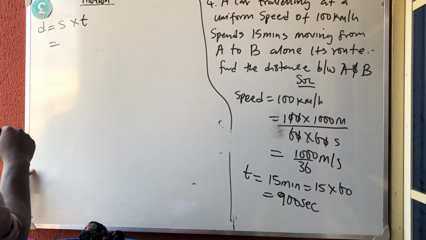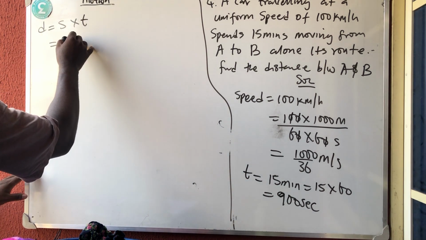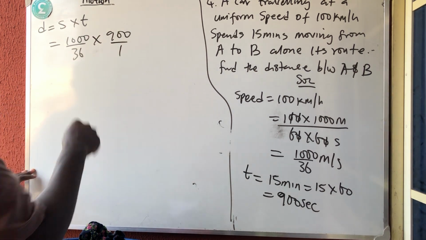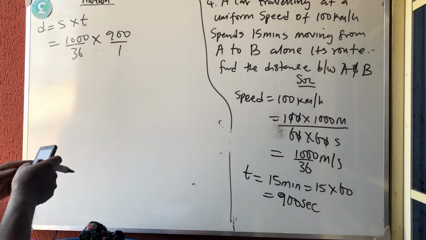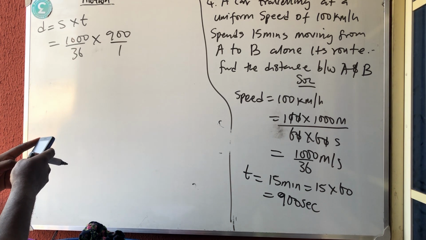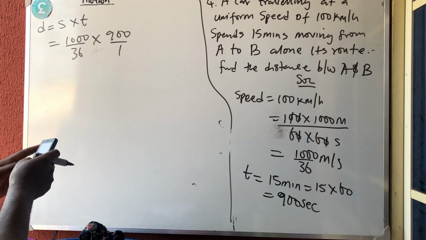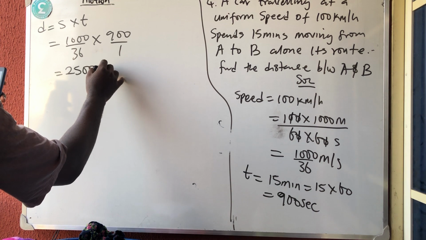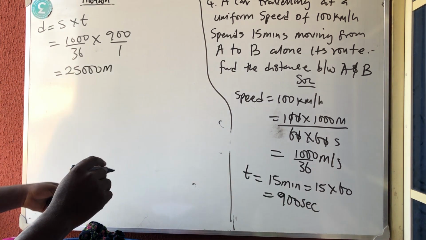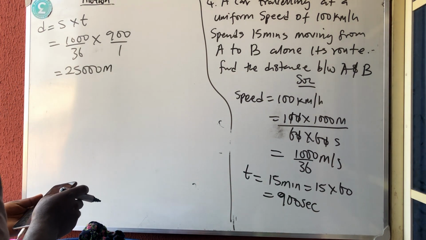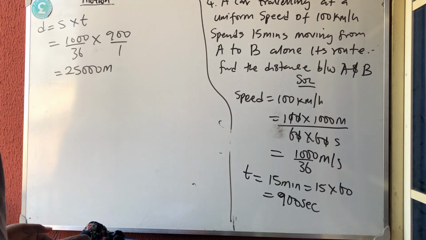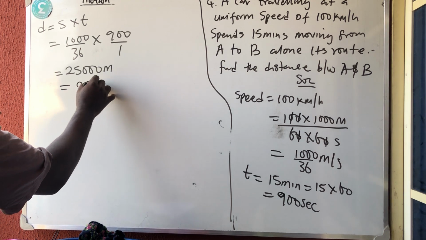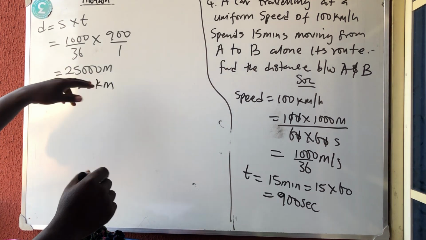My speed is 1000 over 36 times 900 over 1. If I divide by 36, then that is 25,000 meters. Since 1,000 means kilo, that is 25 kilometer.